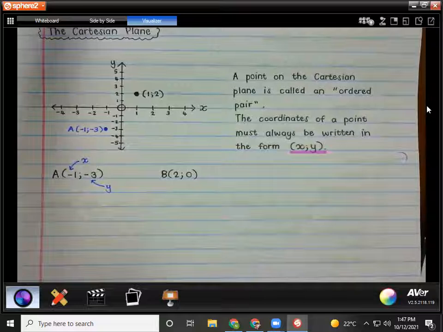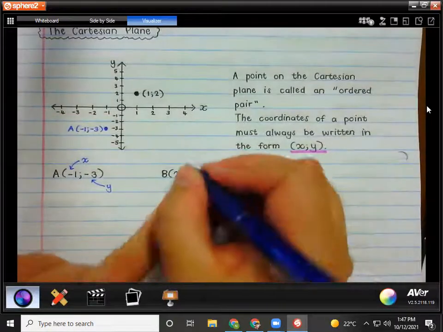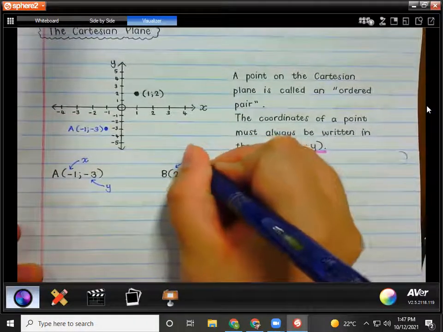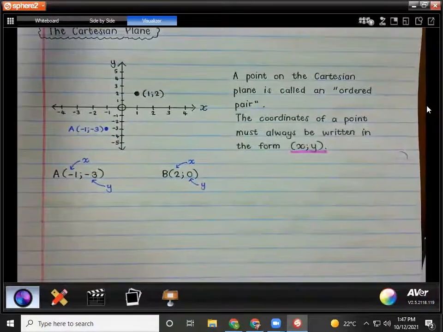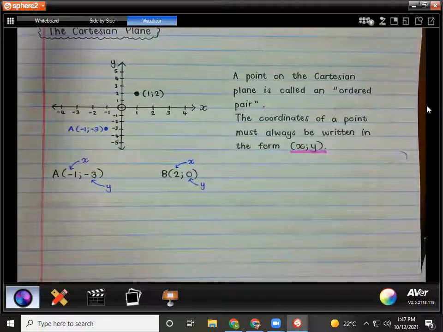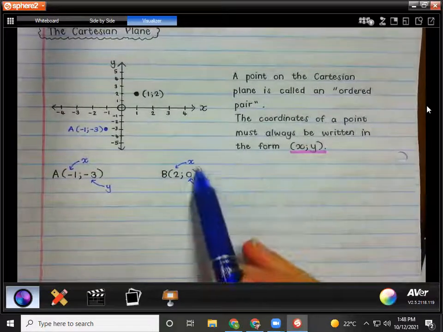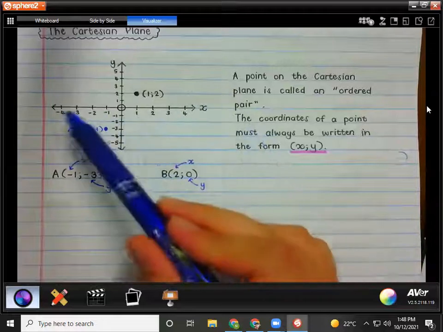It's an ordered pair, meaning that the first number is the X value and the second number is the Y value. Always. Okay, they won't swap them around to trick you. They're not allowed to do that. Okay, it always has to be first X, then Y. So go to 2 on the X-axis. Here is my X-axis.